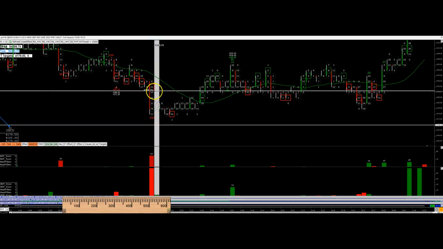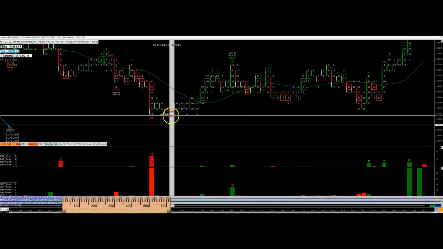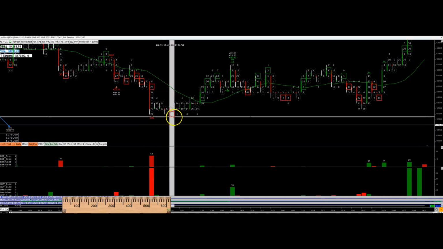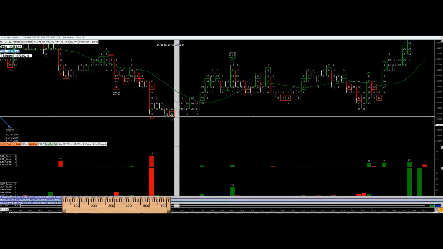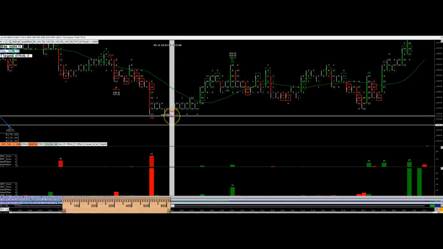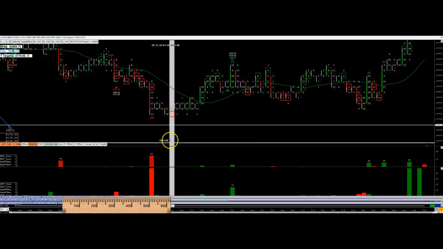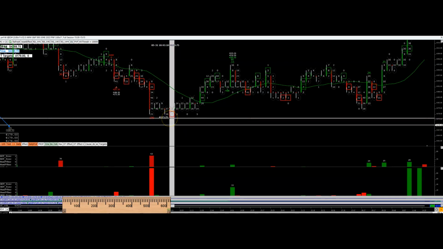The red boxes identify high volume, and what we're seeing is whether they have follow through. If they have follow through, it's breakdown volume. If they don't have follow through, it's effort.